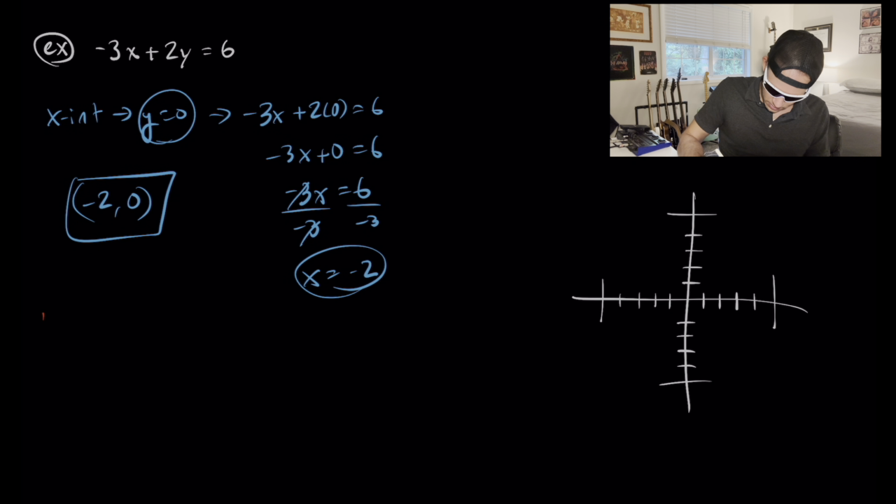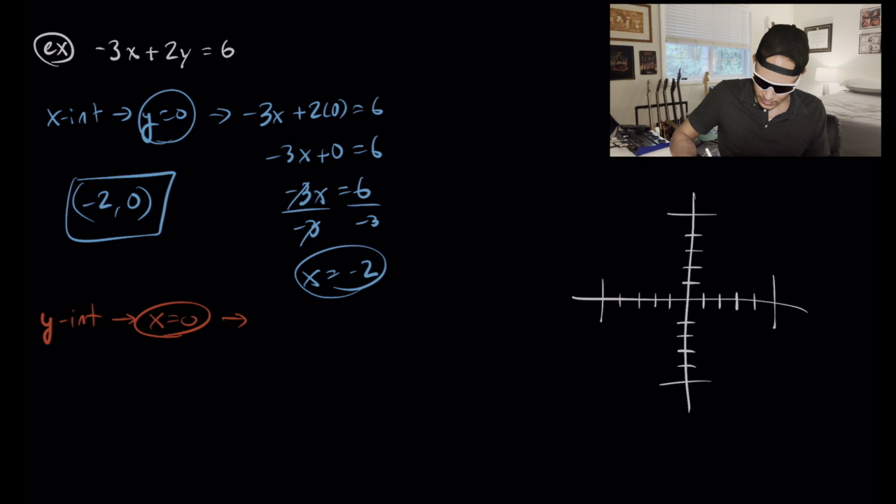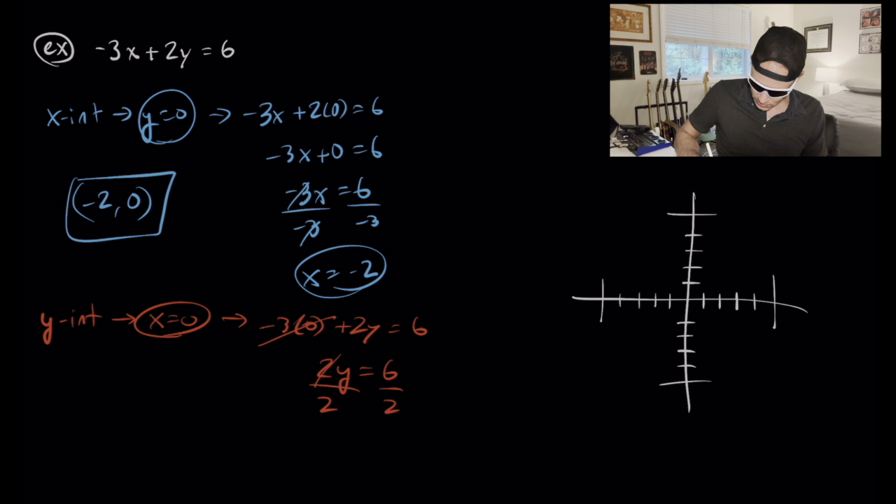And for the y-intercept, this is where x is equal to 0. Plug it into the equation, so negative 3 times 0 plus 2y equals 6. Negative 3 times 0 is 0, so I'll just have 2y equals 6. Divide both sides by 2. Y equals 3.